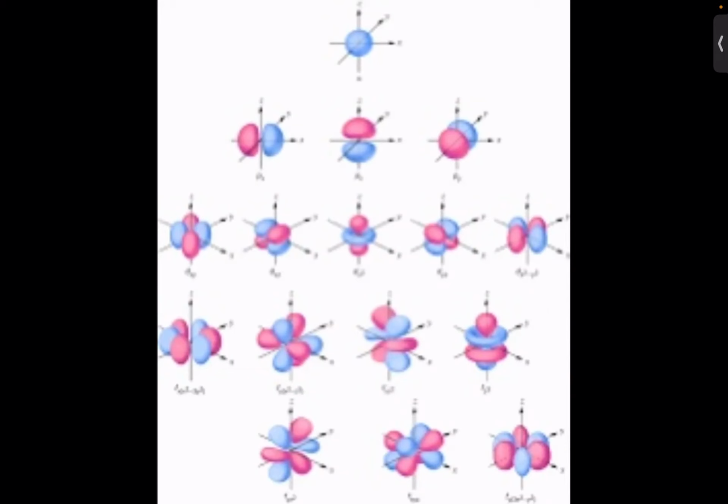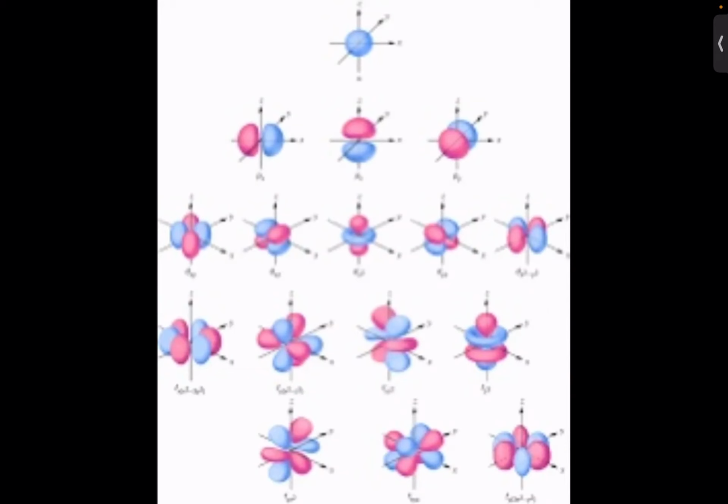They are dumbbell in shape. One of them is the PX because the dumbbell's on the x-axis. One of them is the PY because the dumbbell's on the y-axis, and one of them is the PZ because the dumbbell's on the z-axis. Now I'm not going to ask you which one's which. Don't worry about that. I'm just explaining that it's based on the axis.